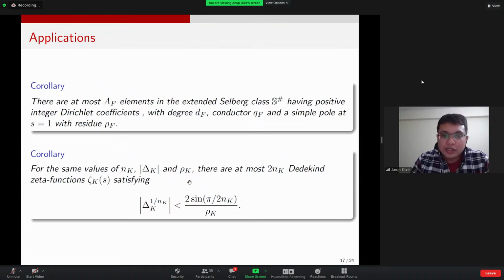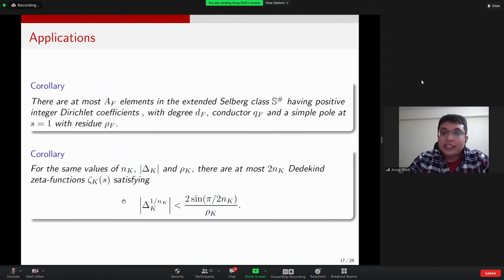But a more interesting case is, because we are looking at this general Dirichlet series, one can look at partial zeta functions. The number of partial zeta functions is the class number, and they also satisfy all the same properties, and they have the same degree, conductor and residue.